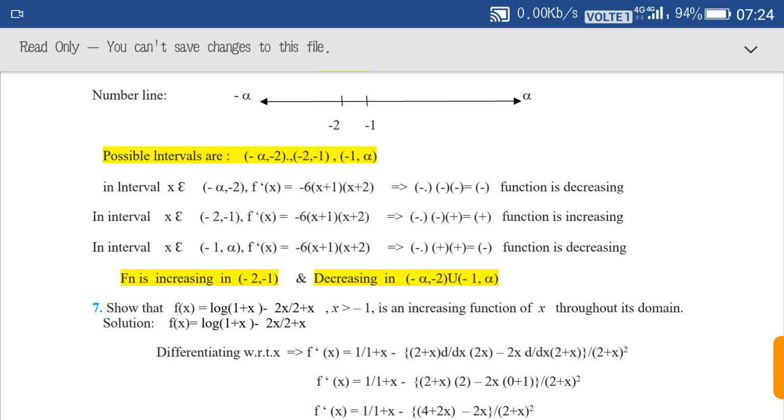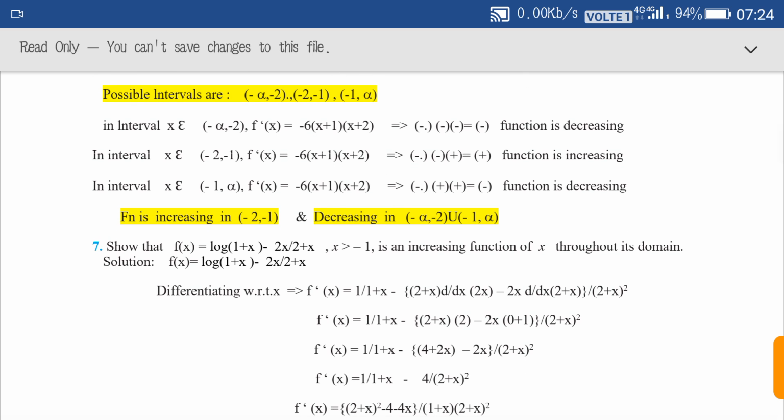You may take any number from minus 1 to infinity and check the sign of the result. Then you will get minus into plus, that is minus. So the function is decreasing in this interval because it is less than 0.